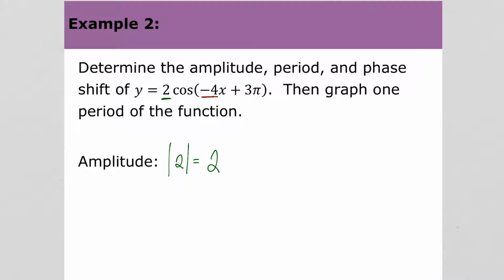I don't like this. Let's go back and look at this for a minute. We don't want that negative to be right there. So what I'm going to do is rewrite this.